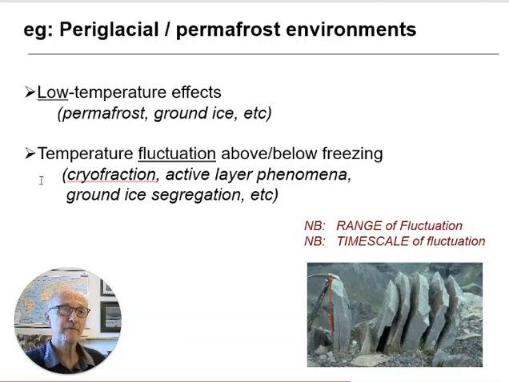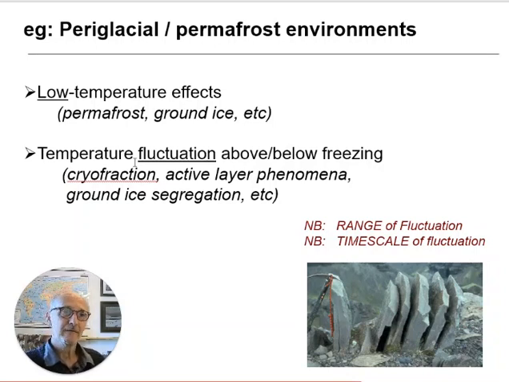For example, in a periglacial or permafrost environment, yes, we're interested in the fact that temperatures are low, but we're also interested in the fact that temperatures fluctuate above and below the freezing point. If temperatures are permanently low, well below freezing, we get a very different range of processes happening from the situation where temperatures are low for part of the time, but warmer for part of the time.